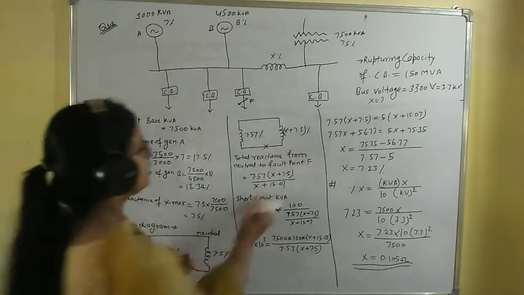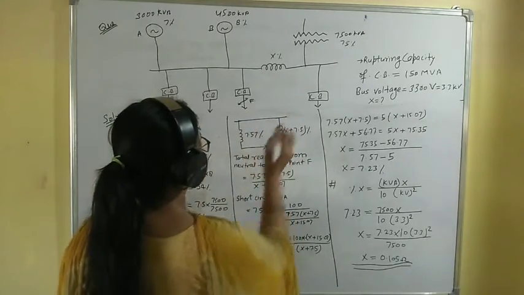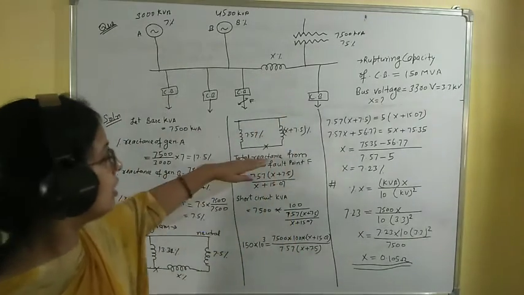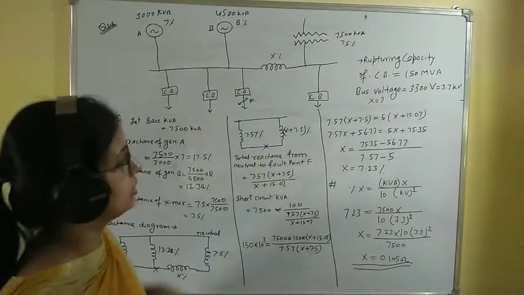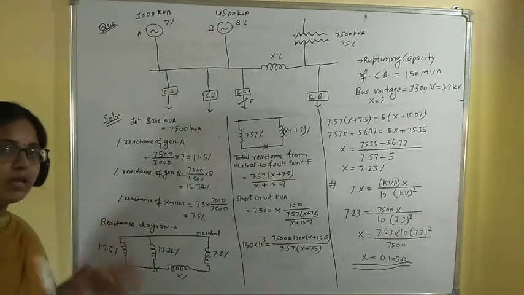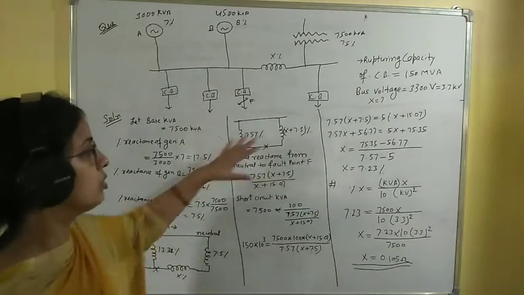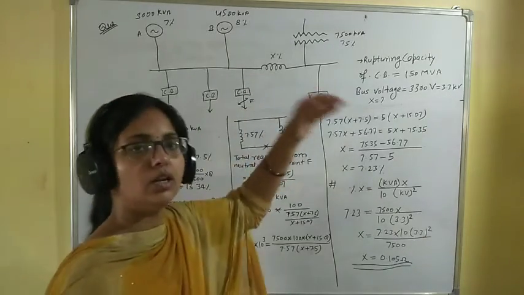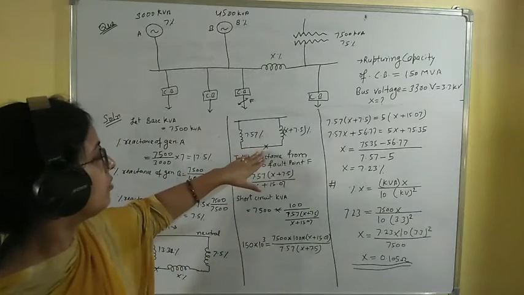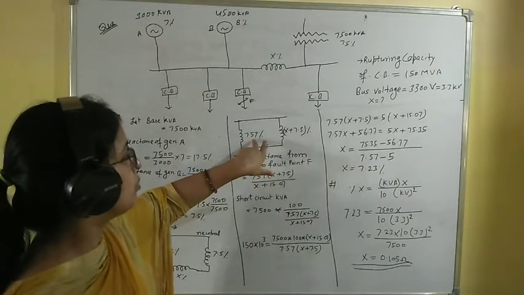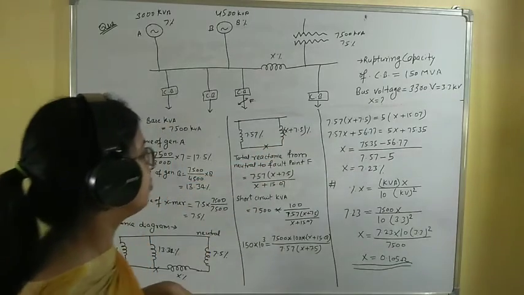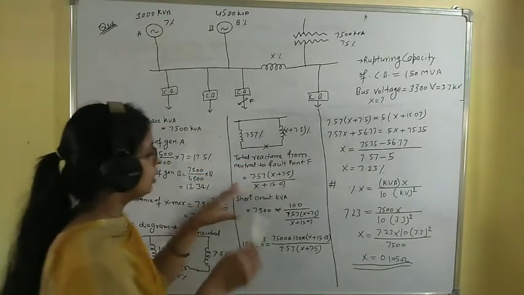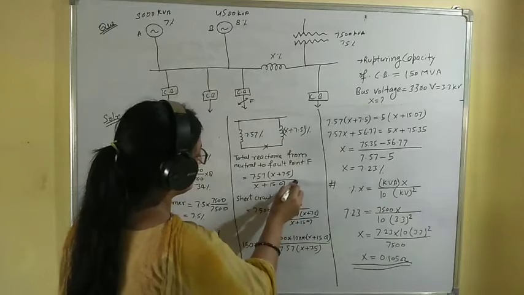This is your neutral point. Our main focus is to calculate the total reactance from the neutral point to the fault point. Here 7.57 is in parallel with X plus 7.5.